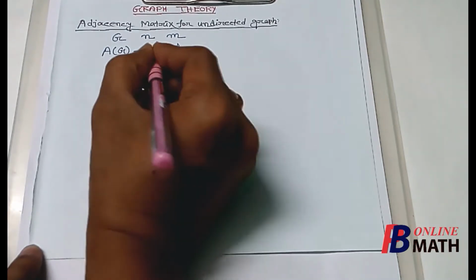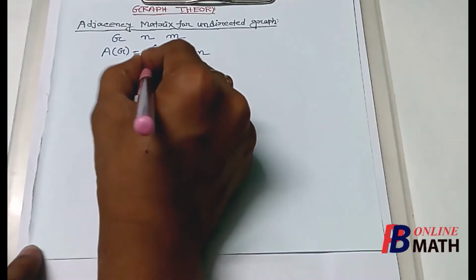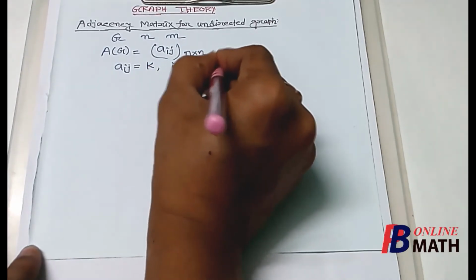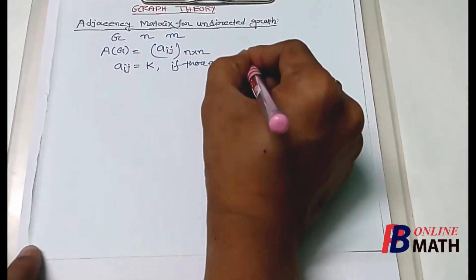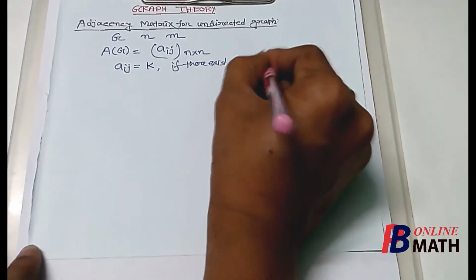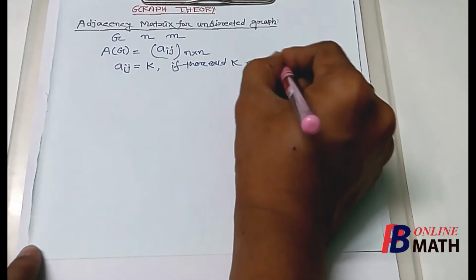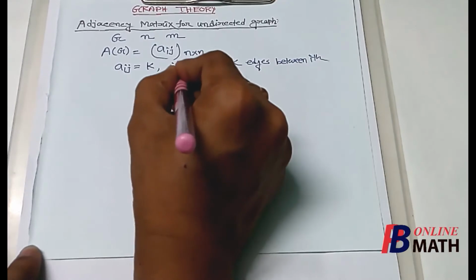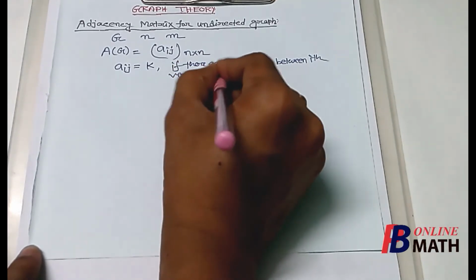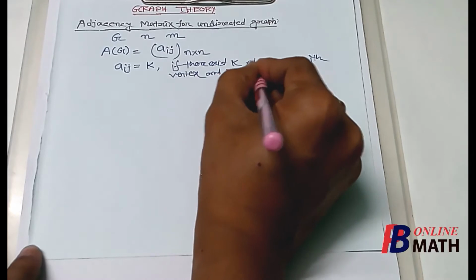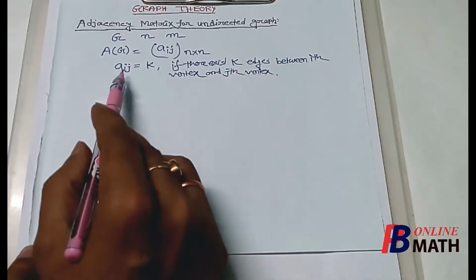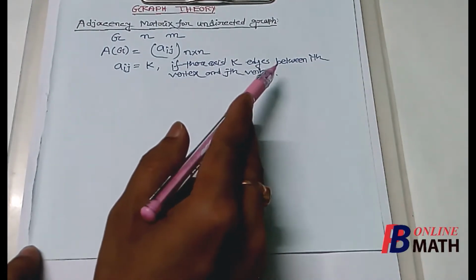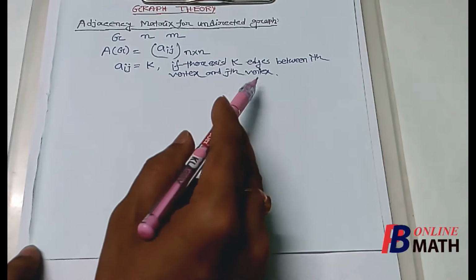So adjacency matrix of a graph is an n cross n matrix where the elements Aij are defined as, we shall put Aij equal to k if there exist k edges between the ith vertex and jth vertex.